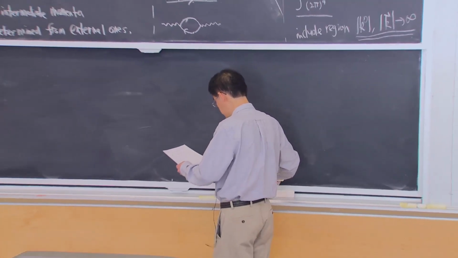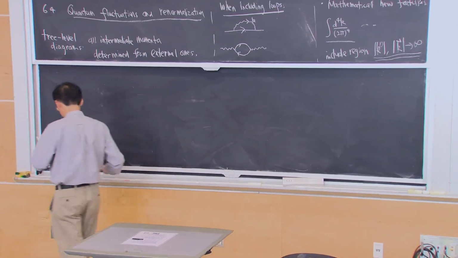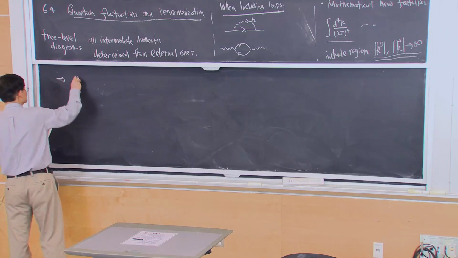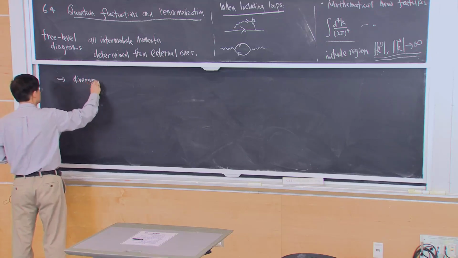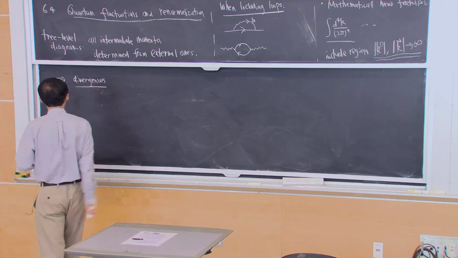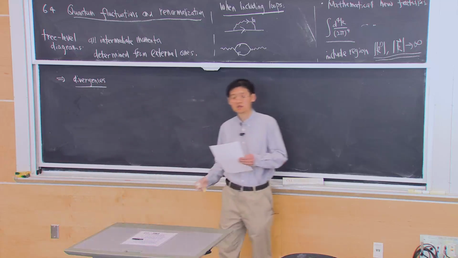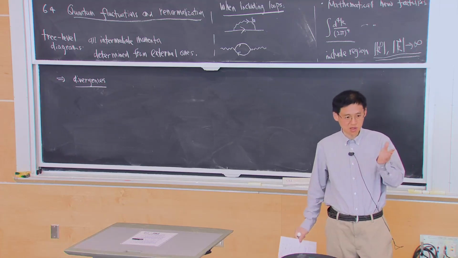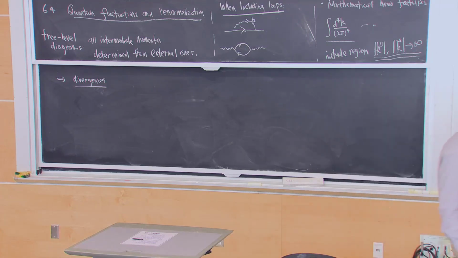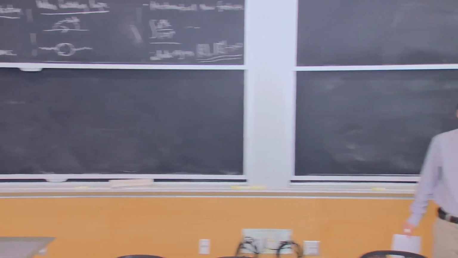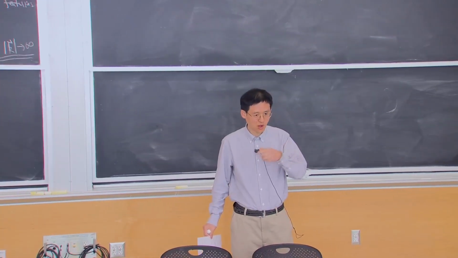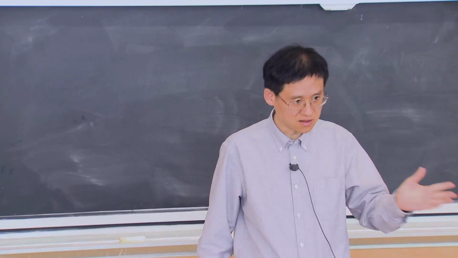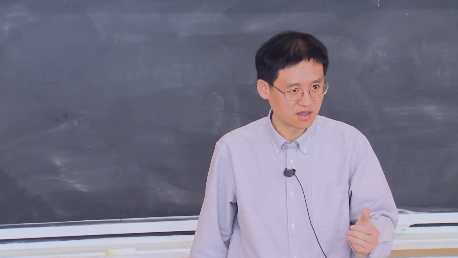So this leads to divergences, and such divergences are now more complicated. It's not like the simple divergences we have already seen in various quantities, which can be treated in a more or less simple way. You either subtract an infinite constant, or you multiply by an infinite constant.